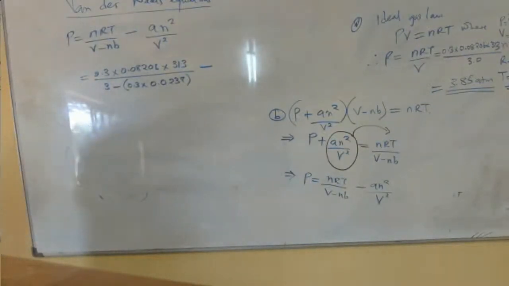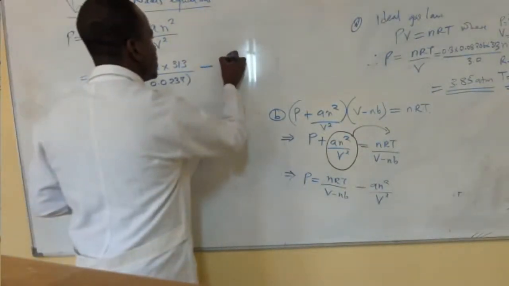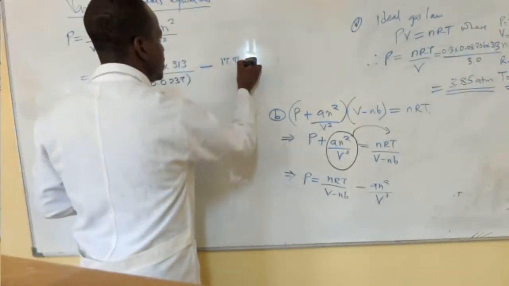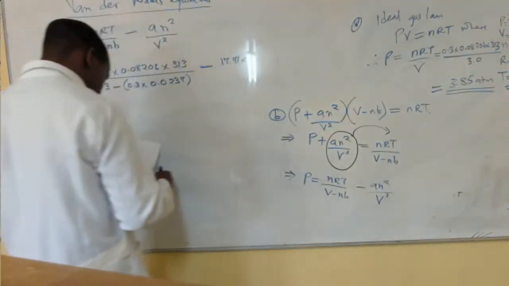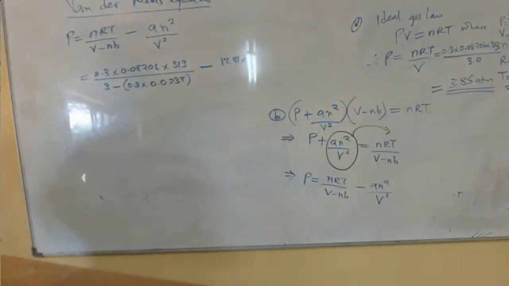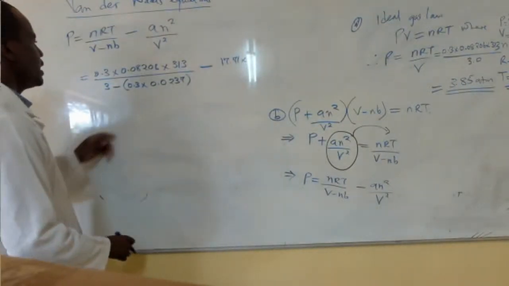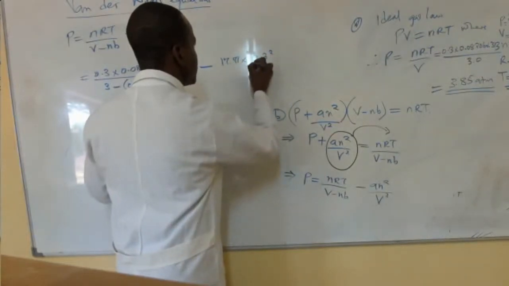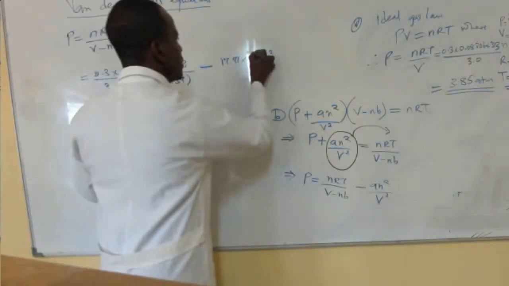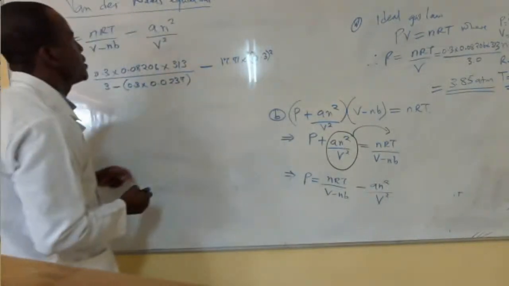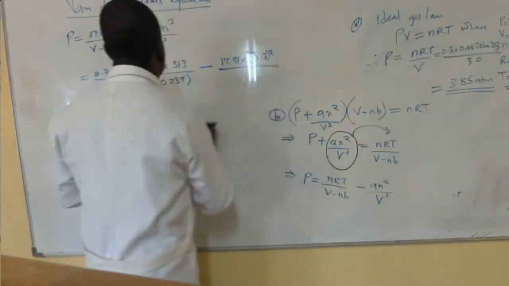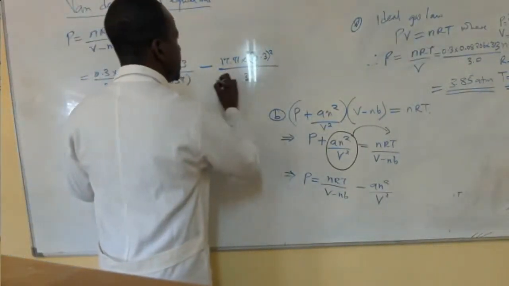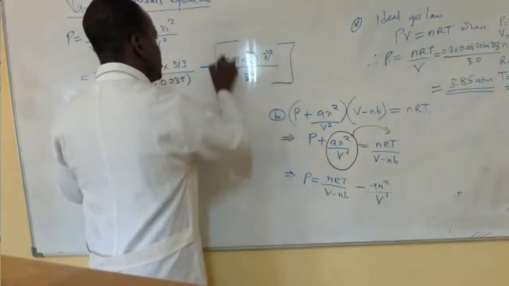The value of a which we were given was 17.71 multiplied by n squared, so n is number of moles which is 0.3 squared, 0.3 squared divided by the volume squared. So the volume is 3, so 3 squared. So we have that, like that, simplified.